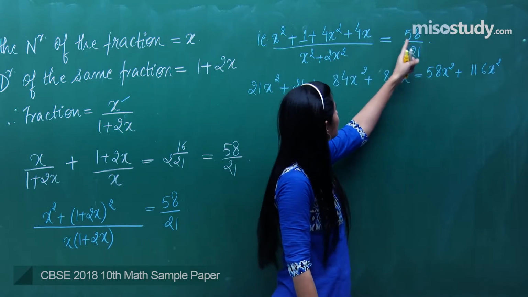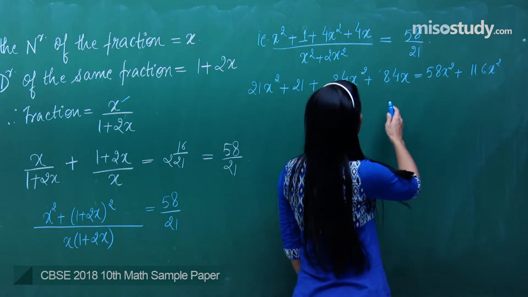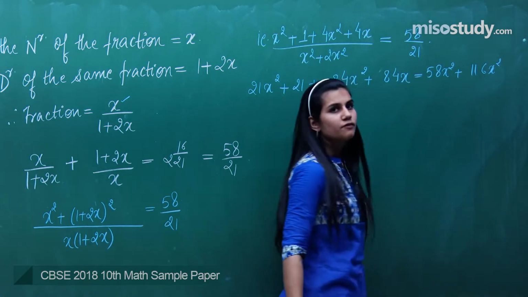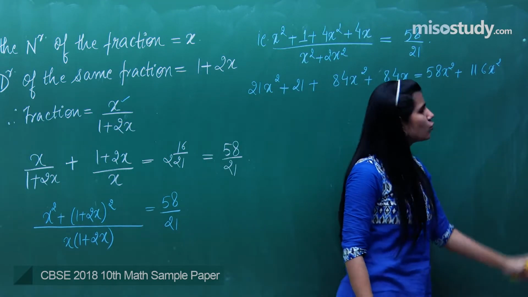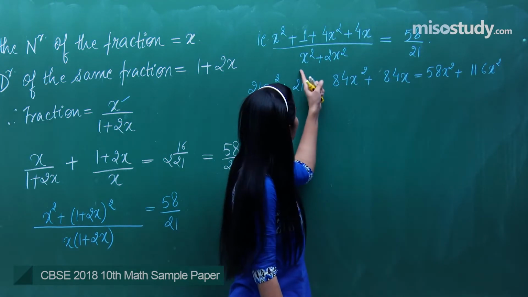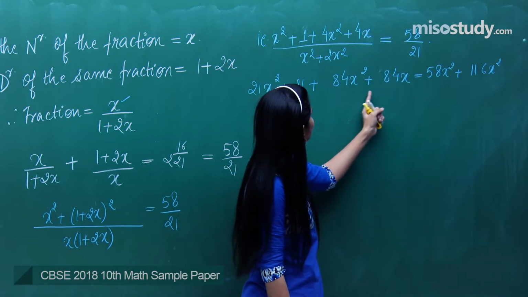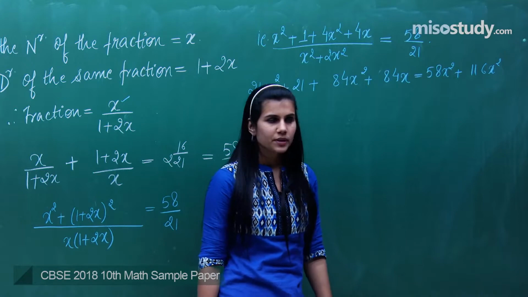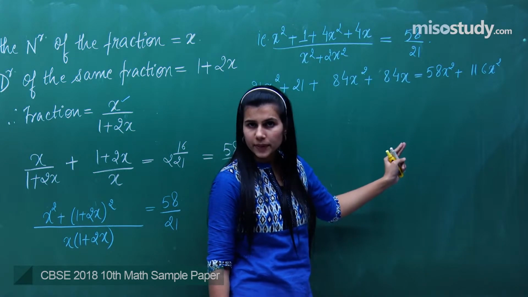Because 8 into 2 is 16, 5 into 2 is 10 plus 1, 11. That means you have 58x plus 116x square, and here you have 21x square plus 21 plus 84x square plus 84x. Just keep tallying the entire calculation. It's simple calculations and nothing else.